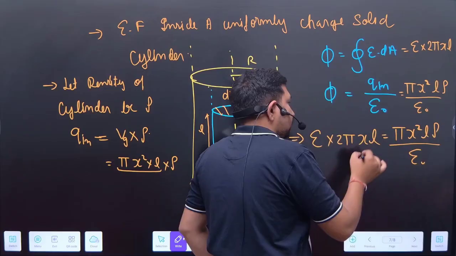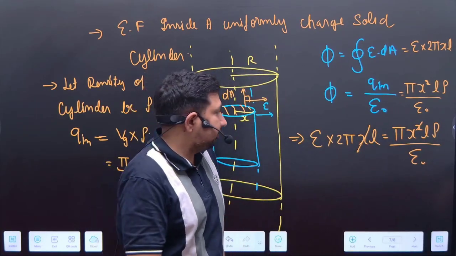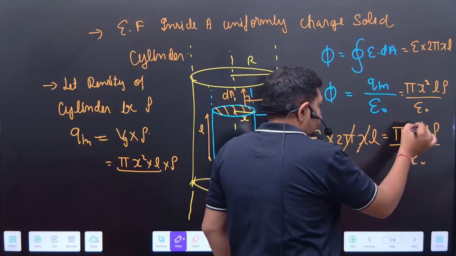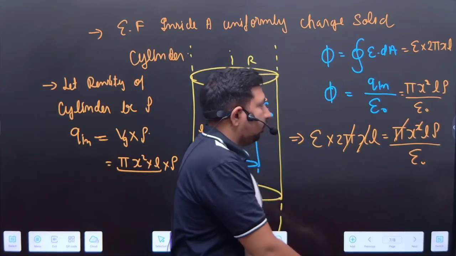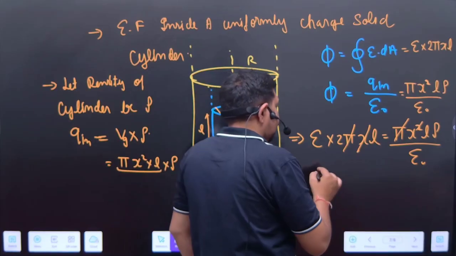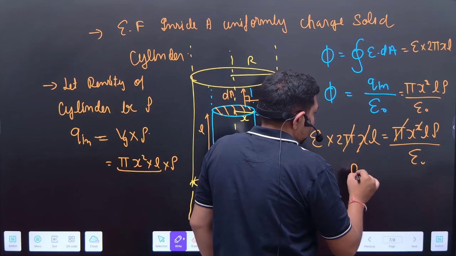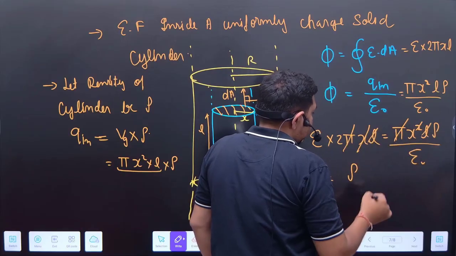Okay. So x and x would cancel out each other. Pi and pi would also cancel out each other. Okay, so we can write the electrical field as, yeah, L and L would also cancel out each other.